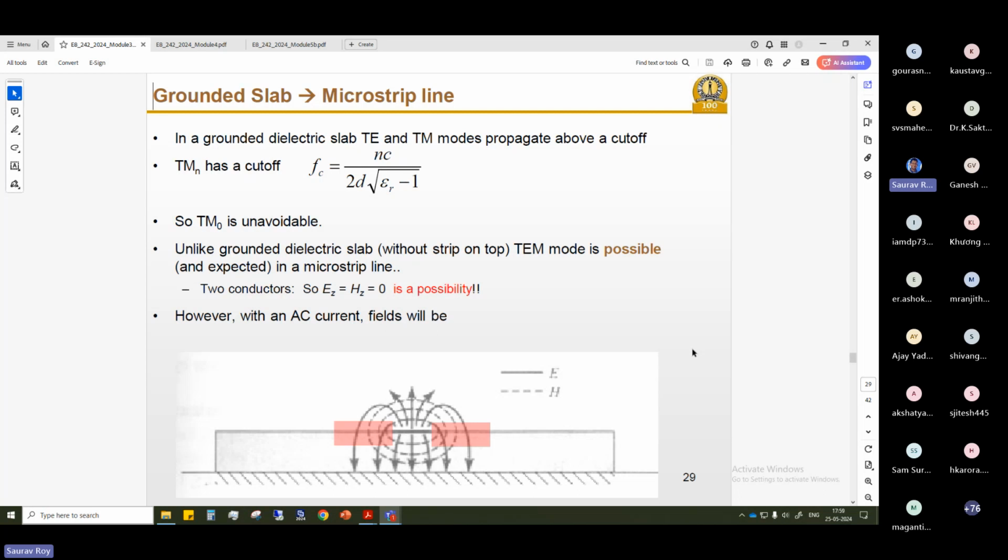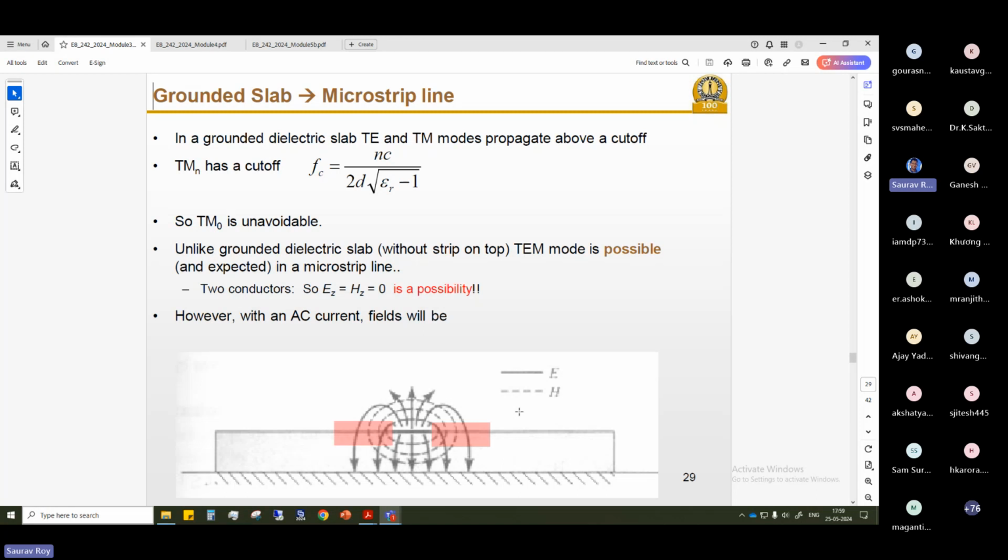Now there is a problem in microstrip line that we will go into, like why it is not perfectly TEM mode in microstrip. If you see here, in microstrip we have a boundary between the normal substrate dielectric and the air. This boundary between air and the substrate is actually creating the problem. That is why we can't have a pure TEM mode.